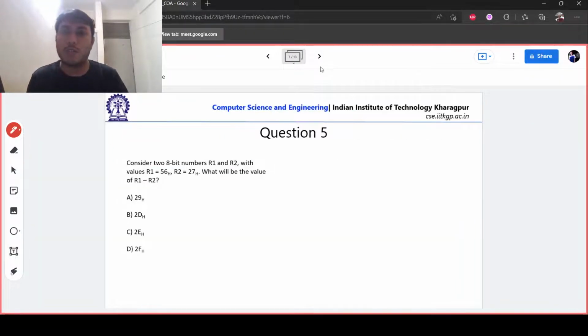So the next question is, we have two 8-bit numbers, R1 and R2. R1 is 56H, that is a hexadecimal number, and R2 is 27H, it is also a hexadecimal number. So we need to find the value of R1 minus R2.